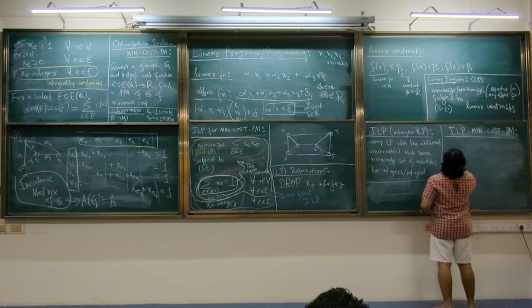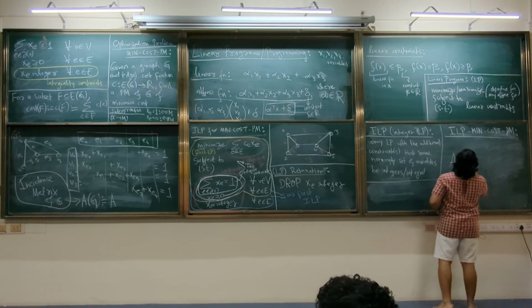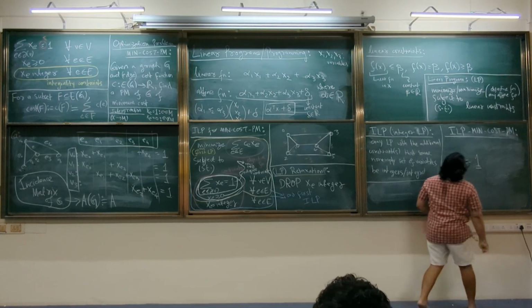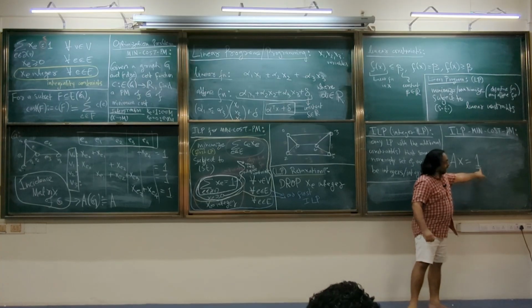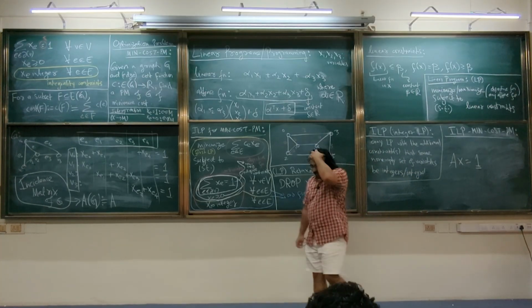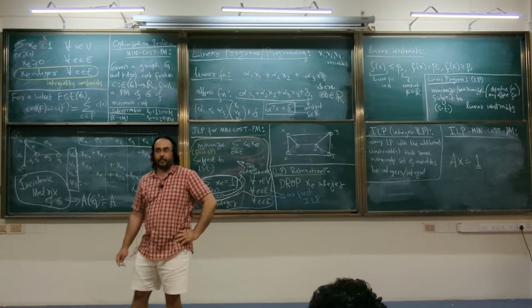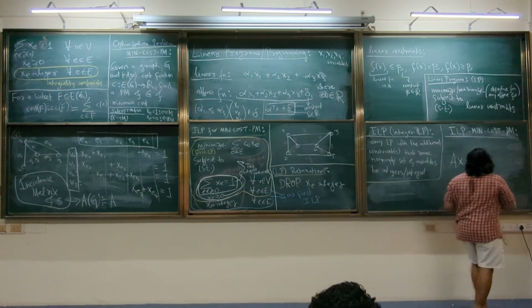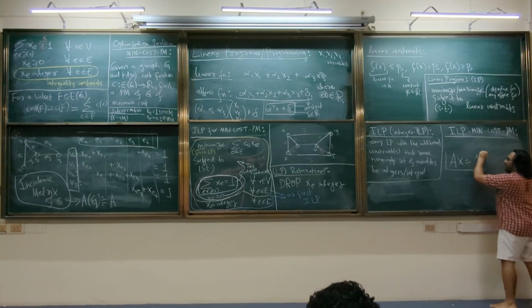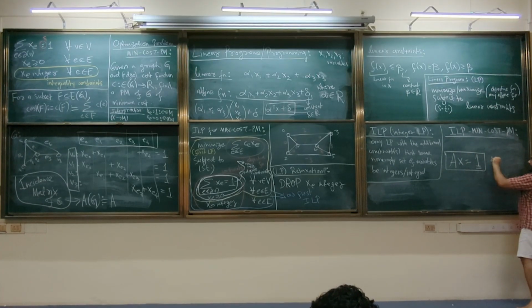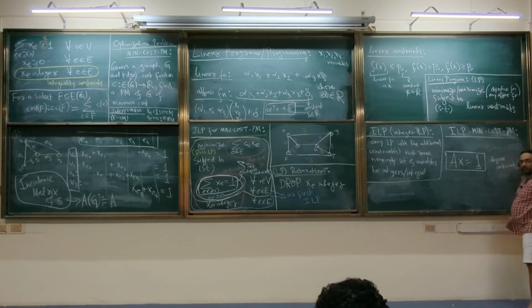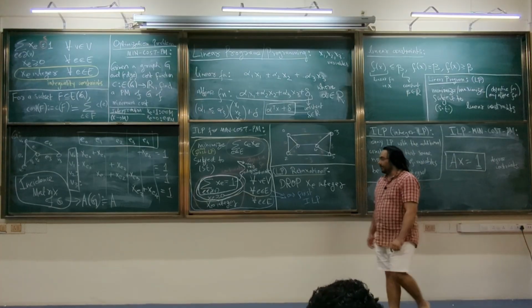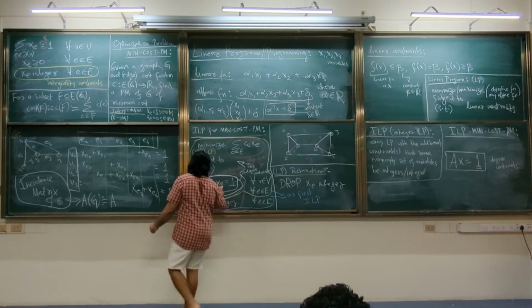The constraint that you have figured out is A times x equals 1. Because it is a vector, I will underline it to indicate the all ones vector of the appropriate dimension. So these are called the degree constraints. Yes, we are done with this one.